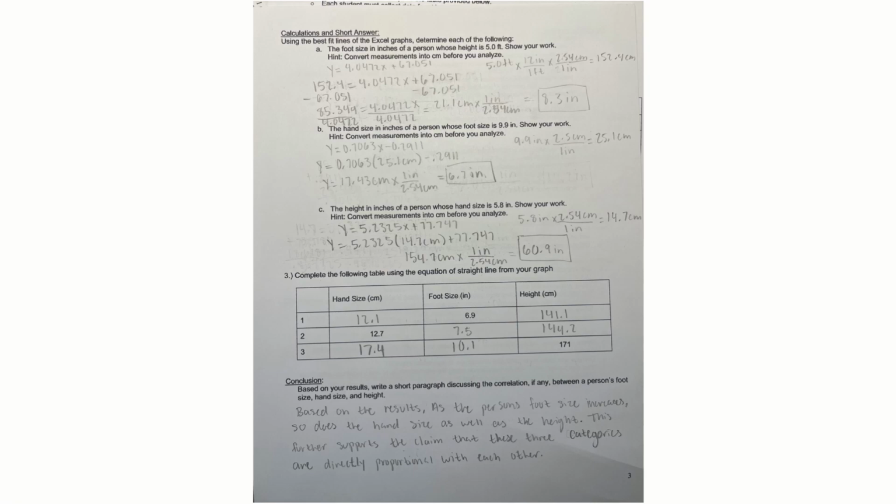So as you can see, we converted 5 feet into centimeters by using the conversion factor. So 12 inches is equal to 1 foot, and we do one more conversion factor to get that into centimeters. So we know that 2.54 centimeters gives us 1 inch, and we got 152.4 centimeters.